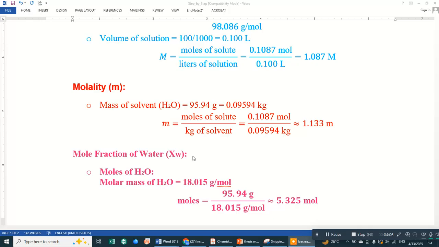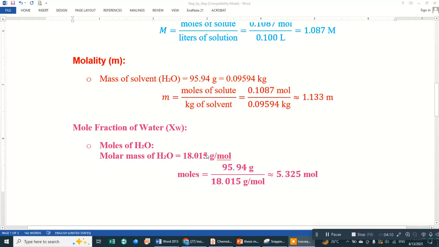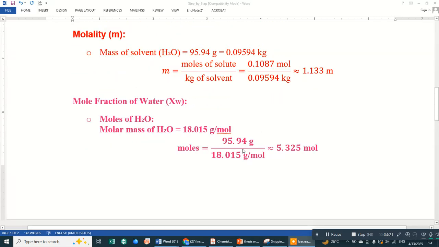Okay, next, at the last step, how we can find out the mole fraction of water? We know that to find out the mole fraction, divide the number of moles of the water by the total number of moles. Okay, first the number of moles of water is found. How we can find out number of moles?